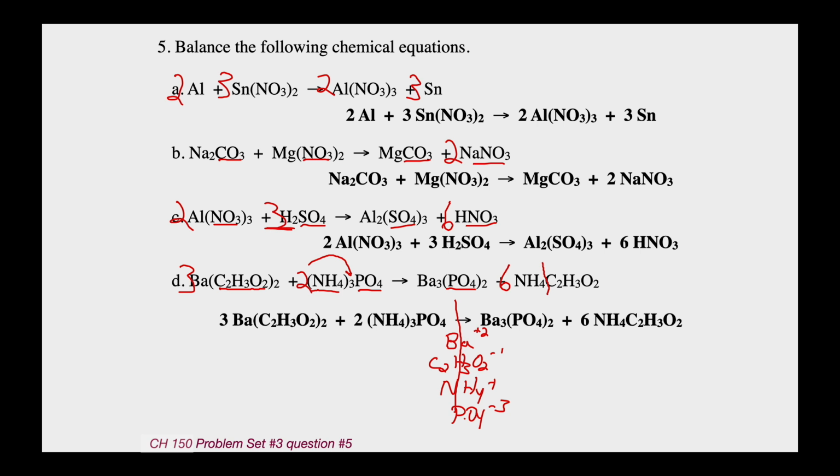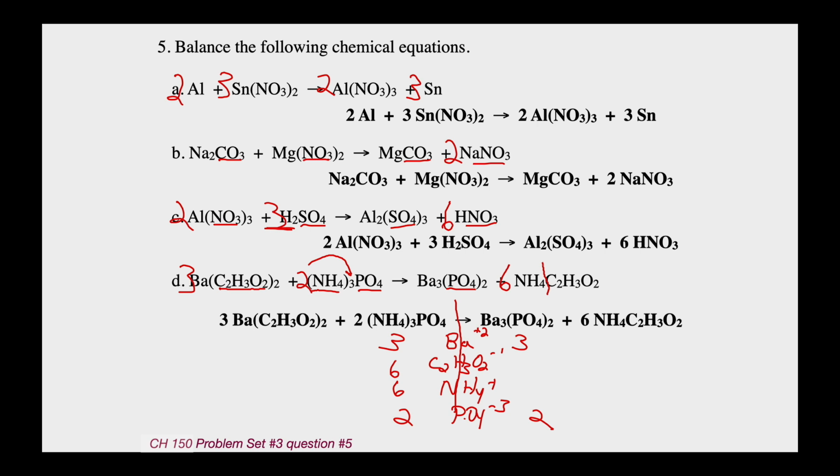So on the reactant side, 3 of the barium acetates means 3 bariums, and 3 times 2, 6 acetates. And then the ammonium phosphate on the reactant side means 2 times 3, 6 ammoniums, and 2 times phosphate would be 2 phosphates. On the product side, barium phosphate has 3 bariums and 2 phosphates, so those look good.